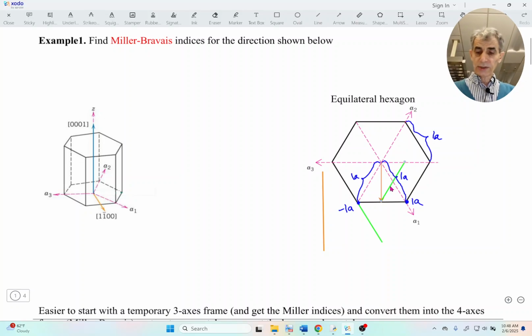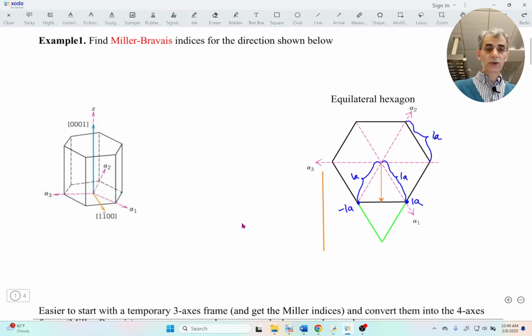It's probably easier to avoid working with fractions like 1/2 here and 1/2 there for the other coordinate, because we talk about directions, not vectors here. We consider the vector going all the way here. That way the coordinate, when we draw the parallel from this tip, will be an integer 1a, not a fraction 1/2 a. You can work it out with 1/2 a if you want, and you will get the same Miller Bravais indices.